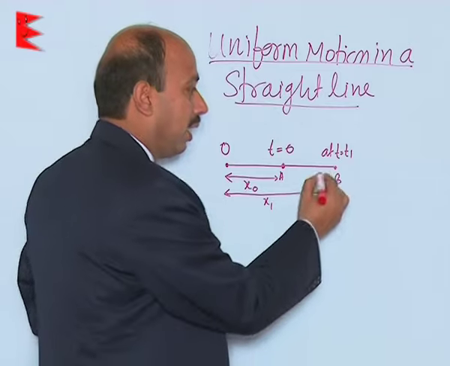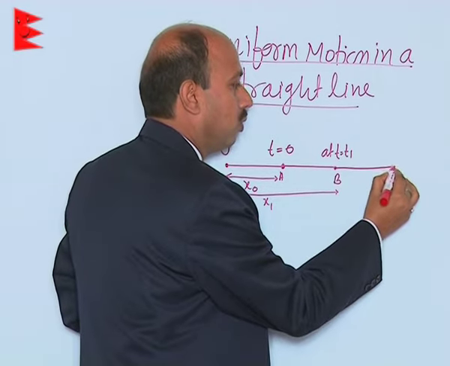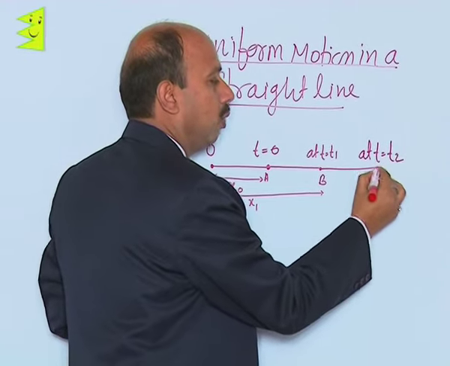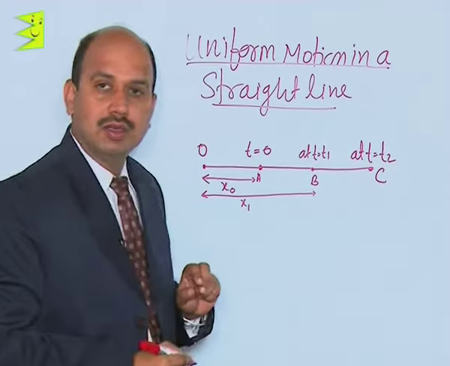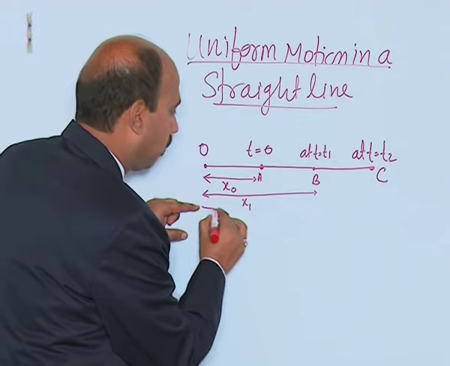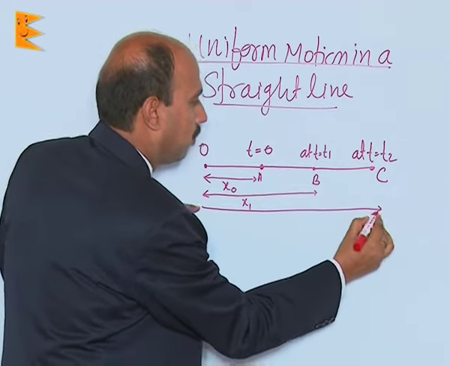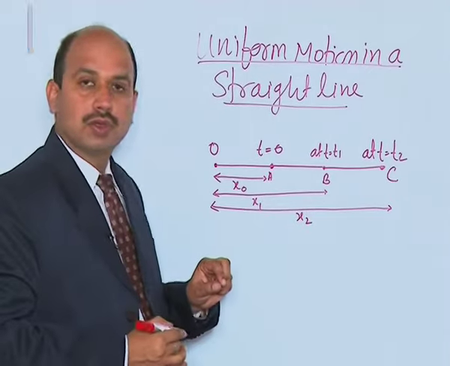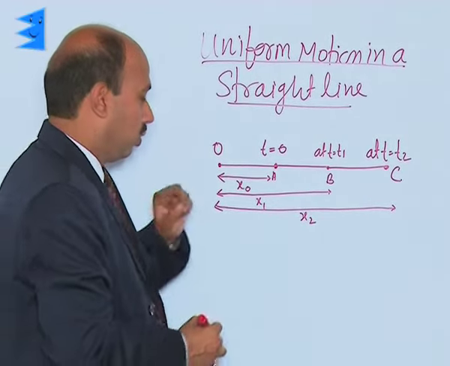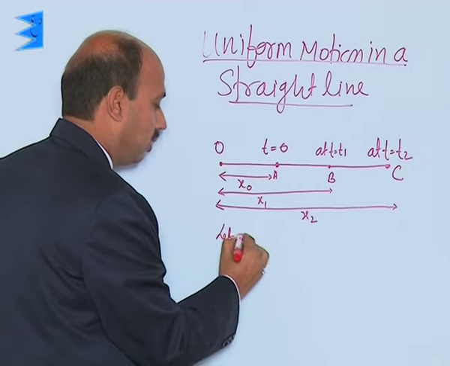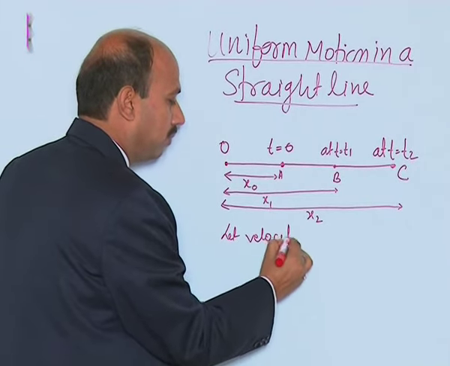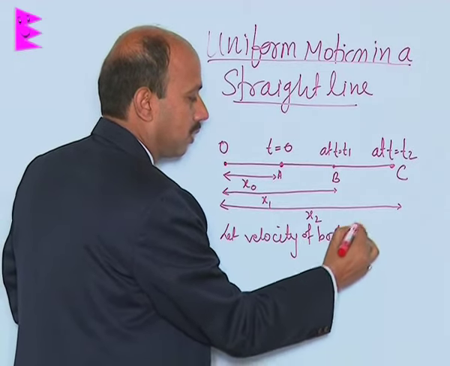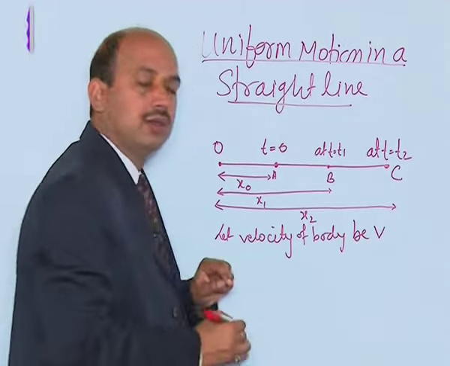Now, take again any time t2. The body has reached the point C, and this distance from the origin, or the position of the body at time t2, is x2 here. So, let the velocity of the body be v.